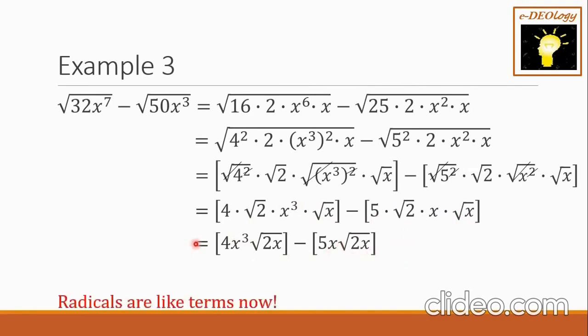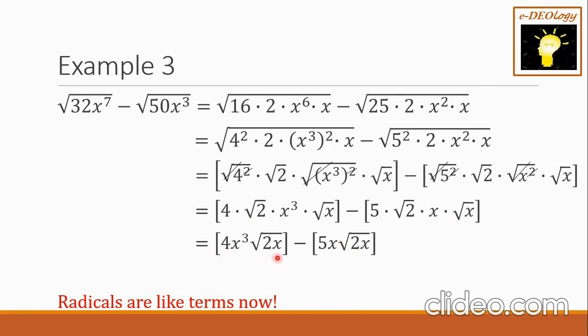Now on this line, we can observe that we have like radicals. It means we can now apply our rule of subtraction of like radicals. So we're going to subtract the coefficients of the radicals.